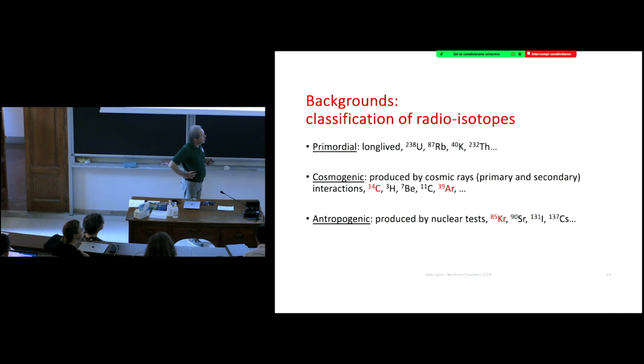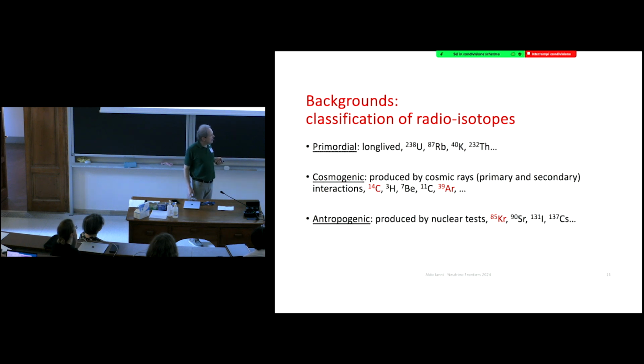So before going into more details on the results, let me tell you about backgrounds. Okay, just a little bit. So the classification of radioisotopes in rare processes experiments dealing with solar neutrinos, double beta decay, or dark matter is the following. There are primordial long-lived isotopes, uranium and thorium, and they belong to the natural radioactivity.